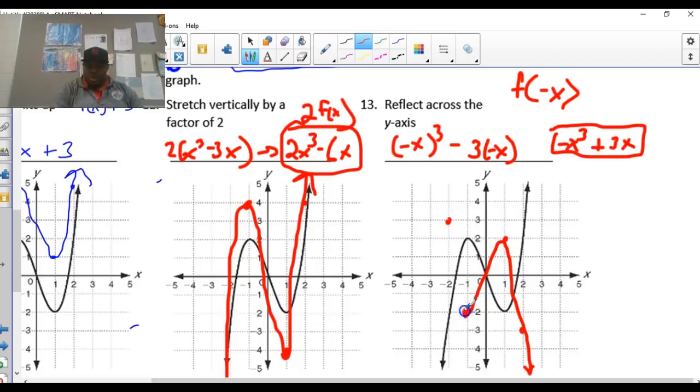Again, I'm not the best artist, but you can see it reflected across the y-axis. Give yourself a bell on that one if you got that, okay? Oh, that's a misfire on the bell. Sorry about that.